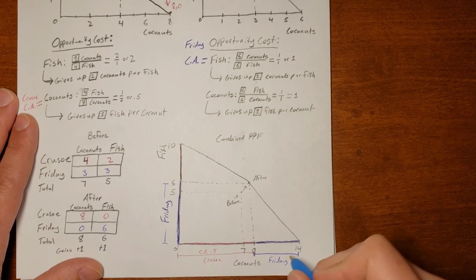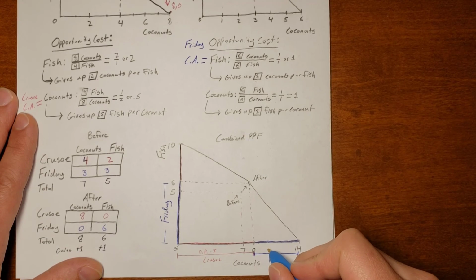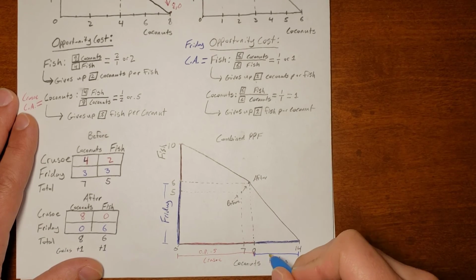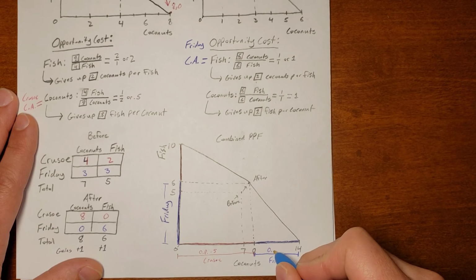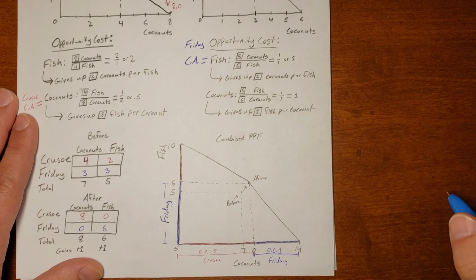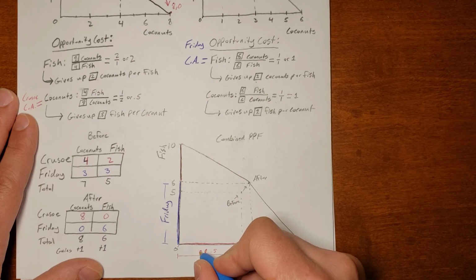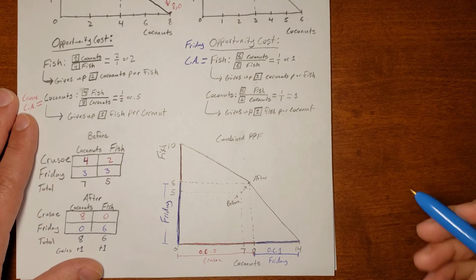And Friday can't produce at the opportunity cost of a half of a fish per coconut. He's going to be giving up fish at the rate of an opportunity cost of 1 fish per coconut, right? So he's giving up a whole fish where Caruso is only giving up 0.5. This should have said opportunity cost, not opportunity P, whatever I was writing there, right?